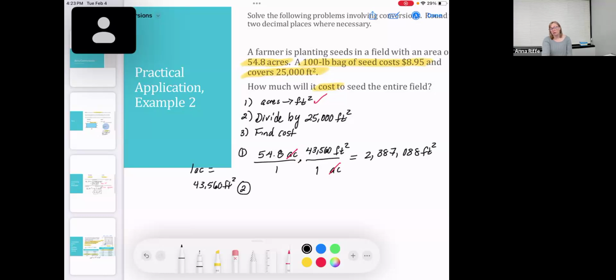Second, we want to figure out how many bags we will need. So we're going to take that 2,387,088 and divide it into 25,000 square foot pieces, or square foot blocks, and figure out how many of those there are.